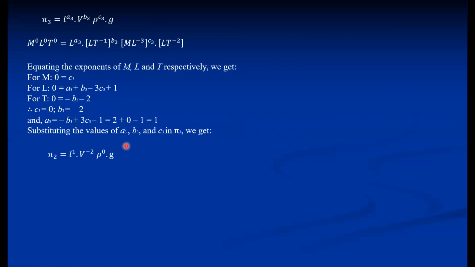Substituting all the constants, here the density is insignificant because the C3 value is coming 0. So that means the density is insignificant for pi 3. So we put the values A3, that is 1, B3, that is -2, and C3 0. So we get this expression, that is GL upon V square.